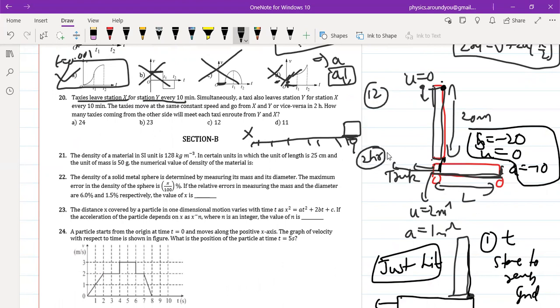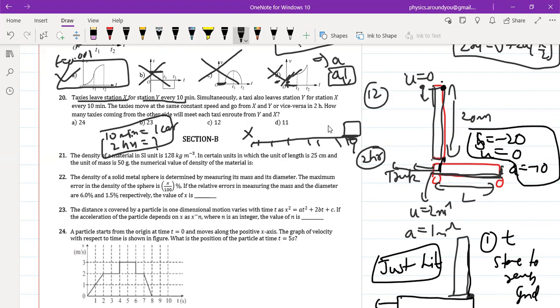In these 2 hours, how many cars are on the road? In the 2 hours, every 10 minutes, one car. One car went all the way.